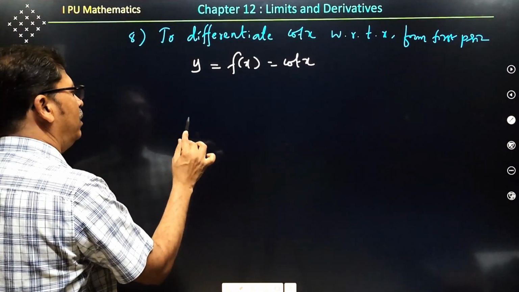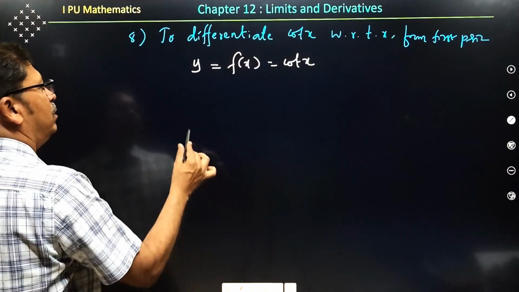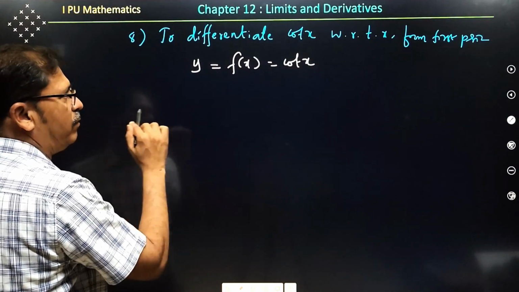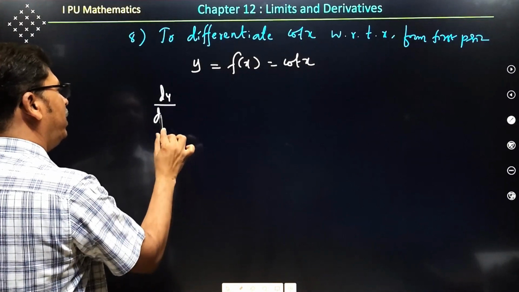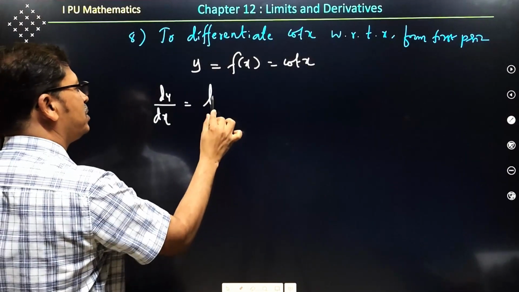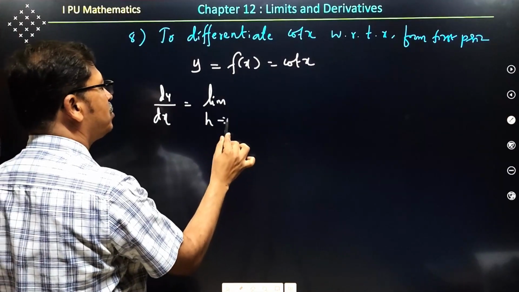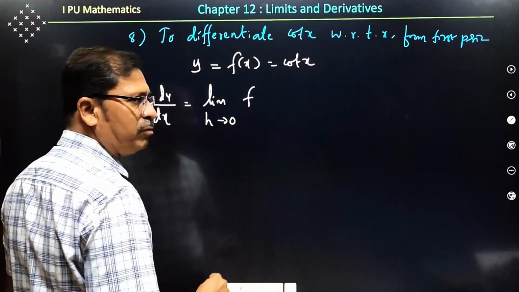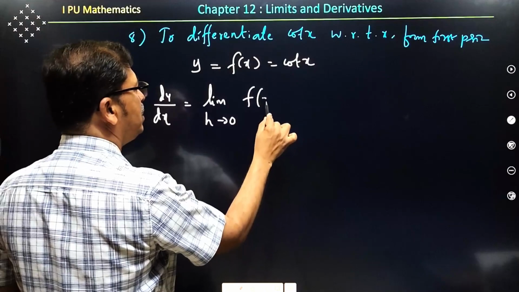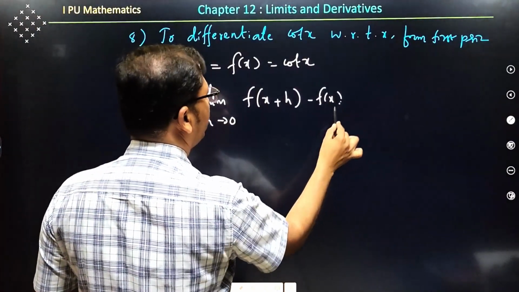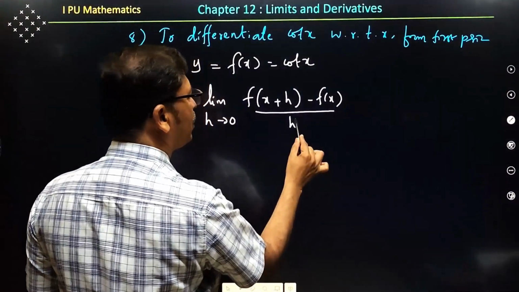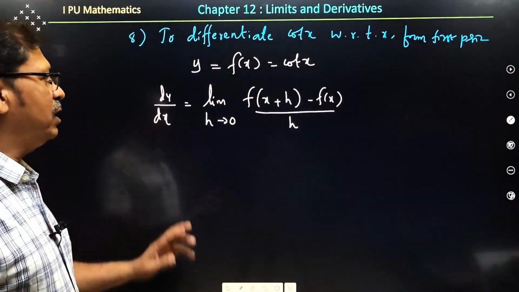See, dy by dx is equal to limit h tends to 0, f of x plus h minus f of x whole divided by h. This is the given definition here.